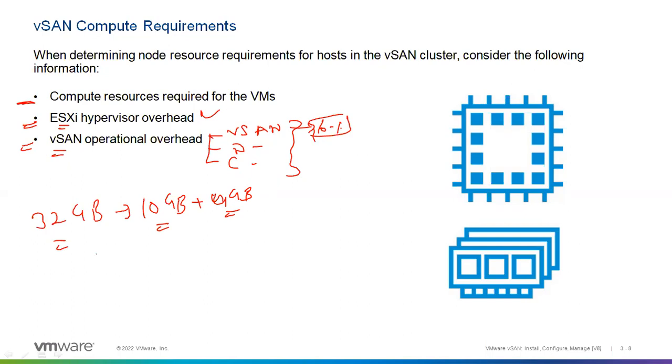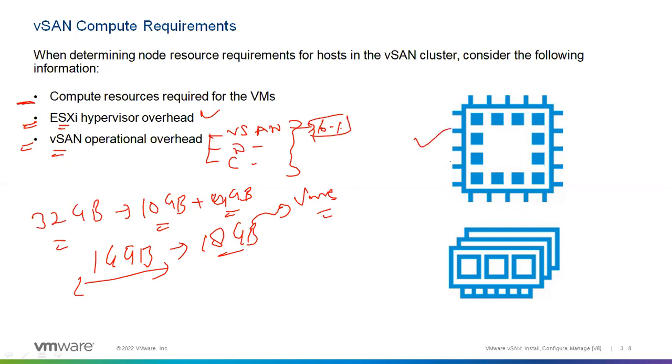So out of 32 GB, 14 GB goes for system native functions, and the remaining 18 GB is primarily allocated to virtual machines. The same calculation we have to do for CPU resources as well.